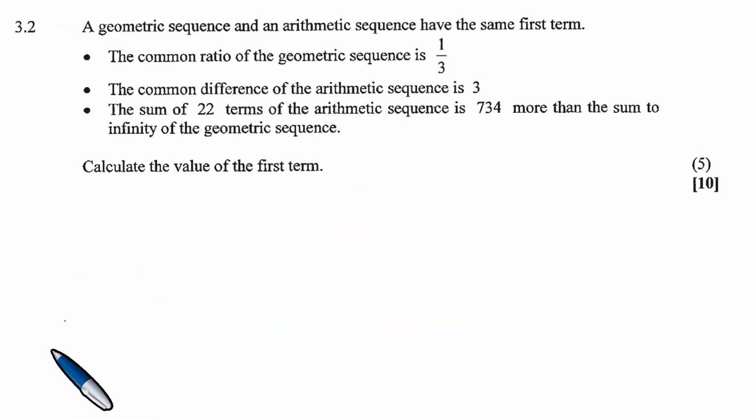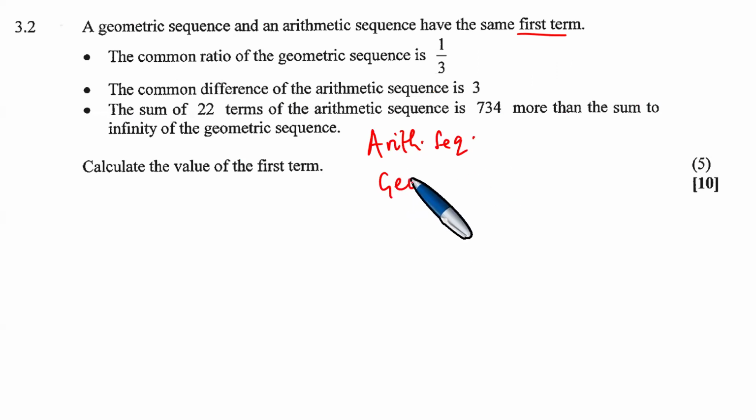Next question. Now a geometric sequence and an arithmetic sequence have the same first term. Let's look at this particular question. You're dealing with an arithmetic and a geometric sequence. They have the same first term, let's call it A. One is an arithmetic sequence and this one is a geometric sequence.